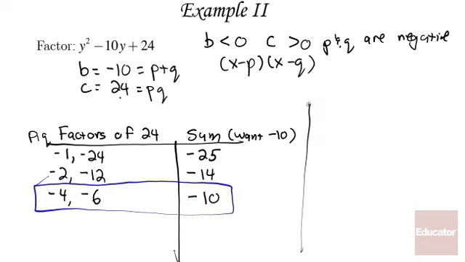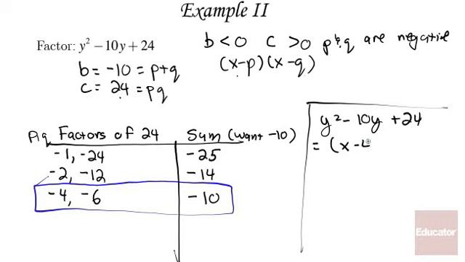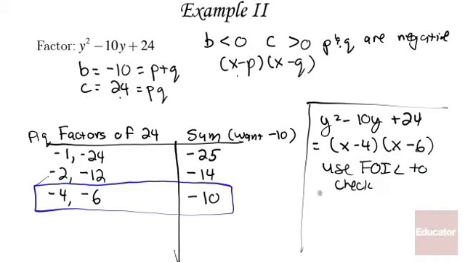So putting it in factored form, y squared minus 10y plus 24 equals, I'm going to use this form, x minus 4, that's my p, times x minus 6 for q. Use FOIL to check. So if you want to check your work, use FOIL.